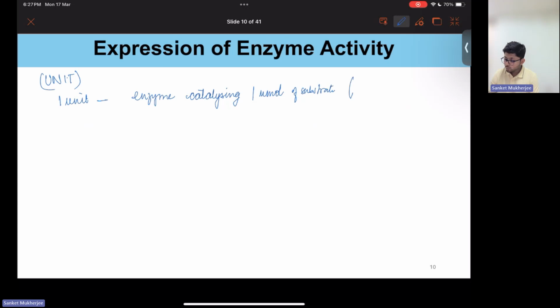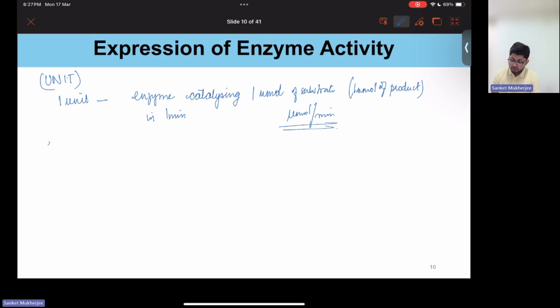It could also be 1 micromole of product formed, based on what you are trying to detect, either the substrate depletion or product formation, in 1 minute. So basically 1 unit is the micromole of substrate used or product formed per minute, right? That is the unit.